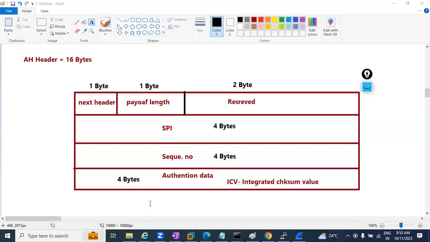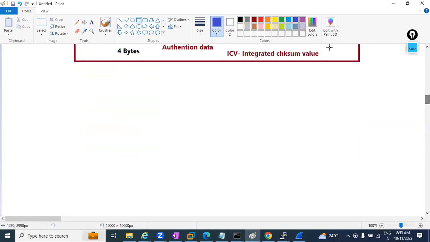So this is the authentication header. The main concept is the next payload. What exactly is the next payload here? As you can see in the headers, how exactly would the authentication header be there? Let's consider two sites, where I have pinged.